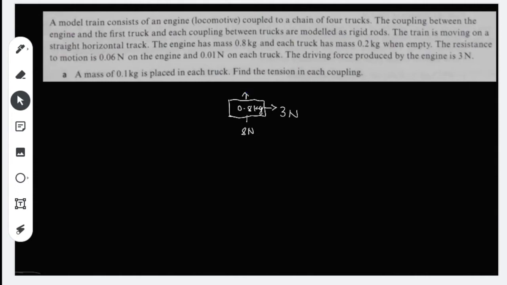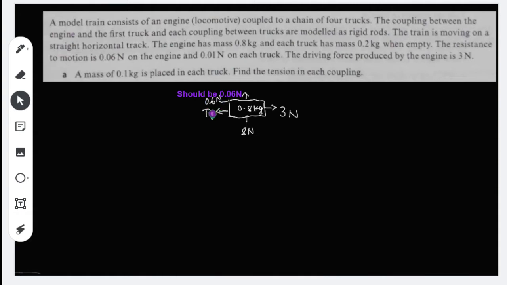And then, what are the resistances? Based on the problem, the resistance of the engine to the motion is 0.06 Newton. What else? We have here, of course, your tension 1.